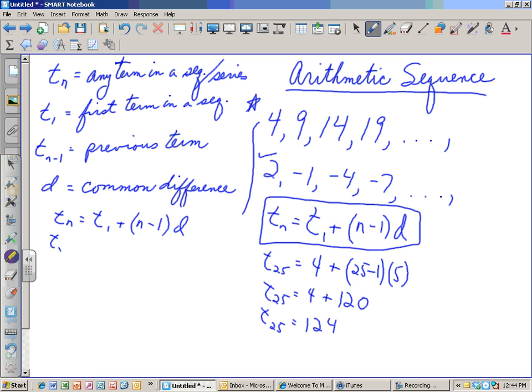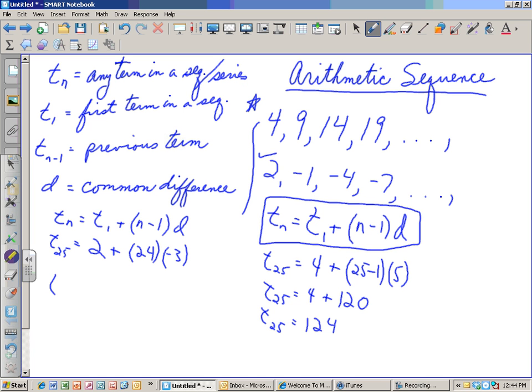And I want to find the 25th term. T1 is 2 plus 25 minus 1. Please make sure we use parentheses here, because we don't want to do 24 minus 3. And our common difference is negative 3.